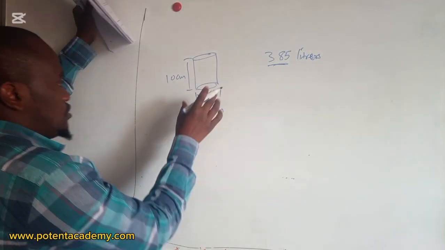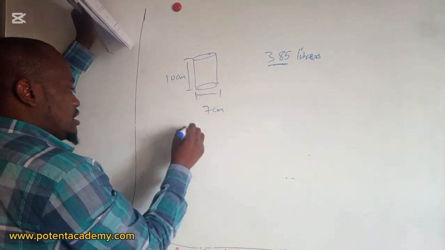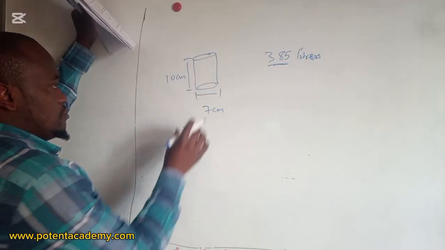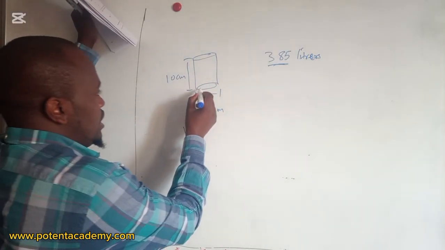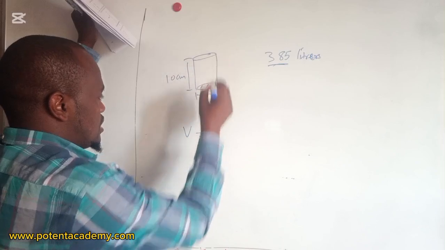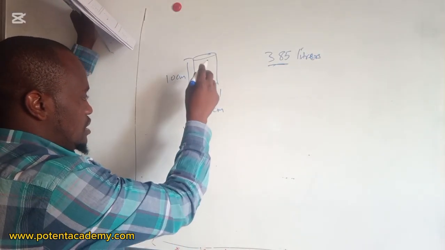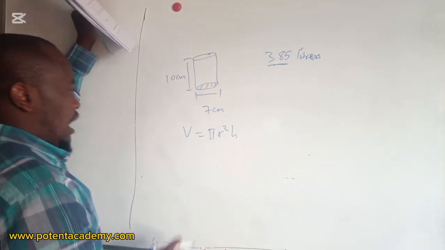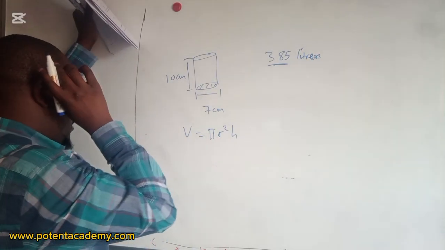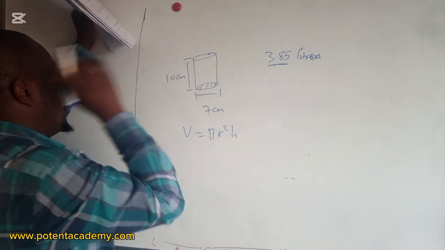Alright, so to find the volume, you first need to find the volume of this. Volume for a cylinder is the area of the base times the height. Area of the base times the height, which is pi r squared h. I insist it is area of the base times the height because we use it many times.